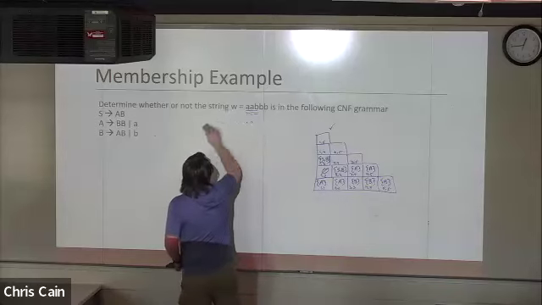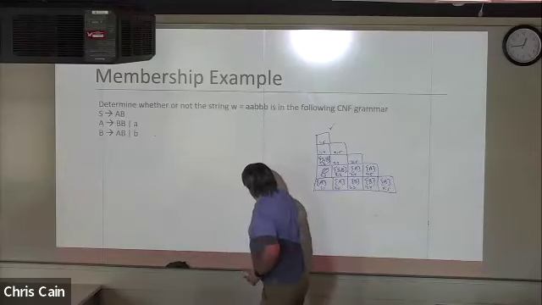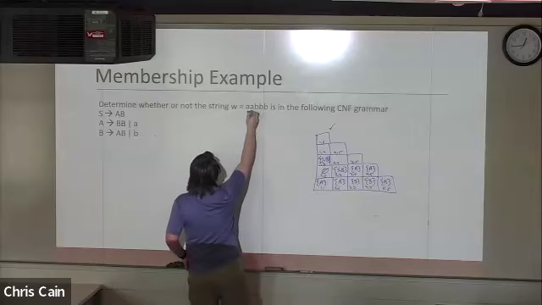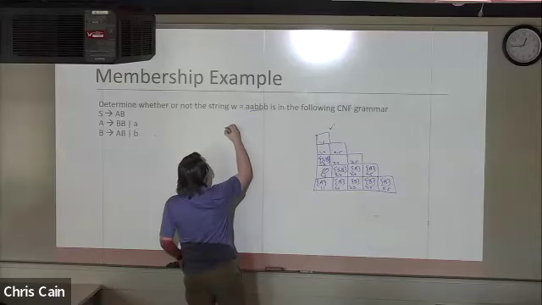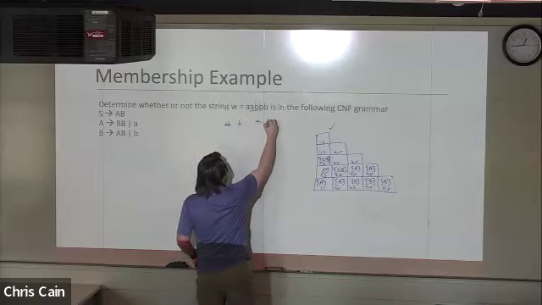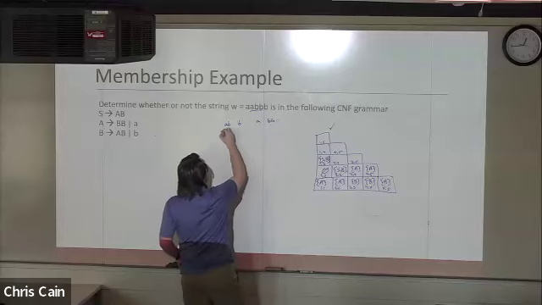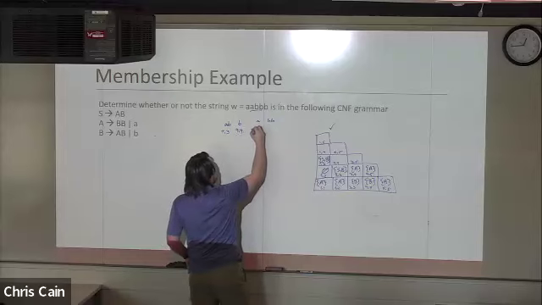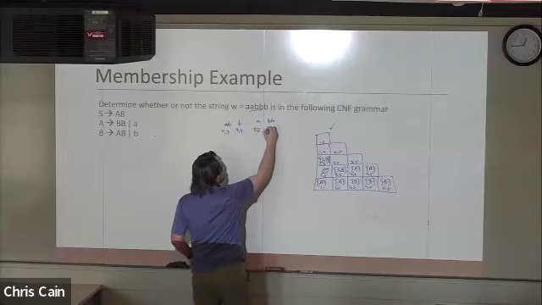Let's do the next one. Next one's going to be that substring. So we can either break that down into AB followed by B, or A followed by BB, which is the equivalent of, this is 2, 3, this is 4, 4, this is 2, 2, and this is 3, 4.